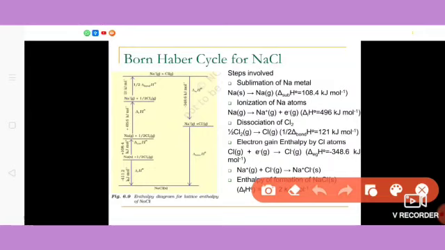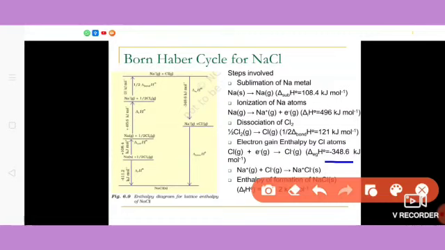Then the fourth step involves the formation of chloride ion by the absorption or uptake of 1 electron by the chlorine atoms. This involves the electron gain enthalpy, and it is the amount of energy released when an electron is added into the isolated gaseous atom. Here, the electron gain enthalpy for chlorine is minus 348.6 kilojoules per mole.